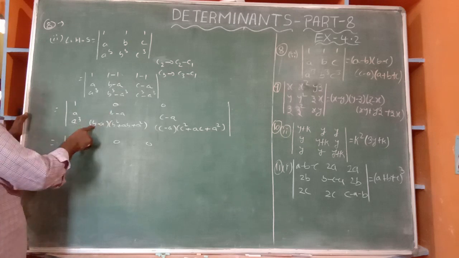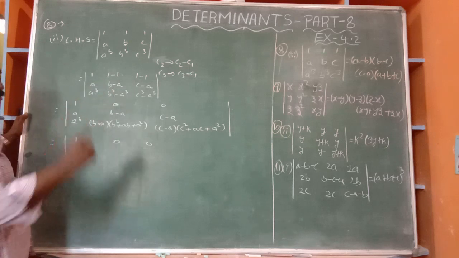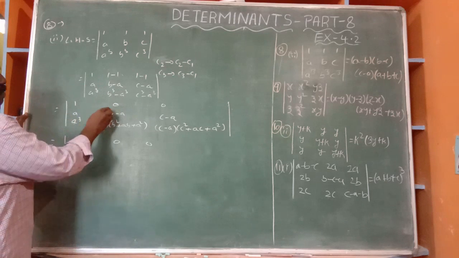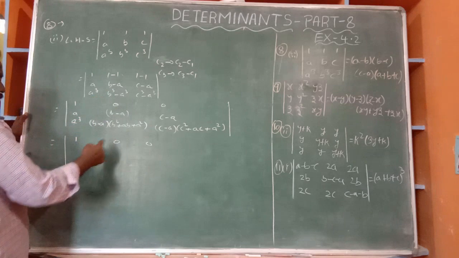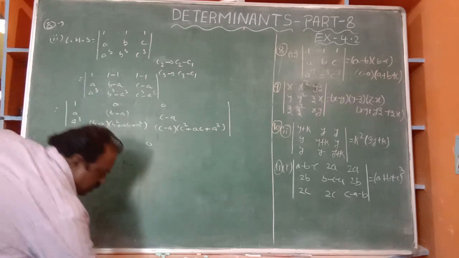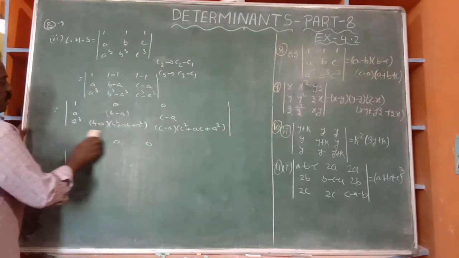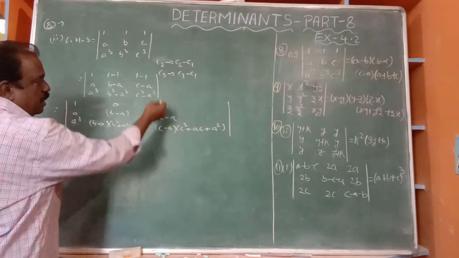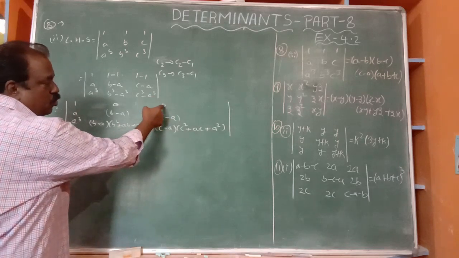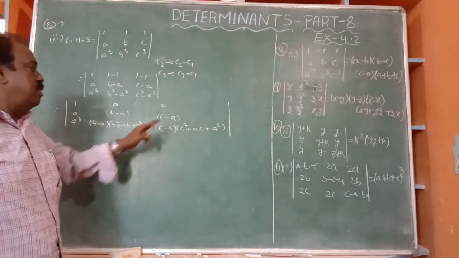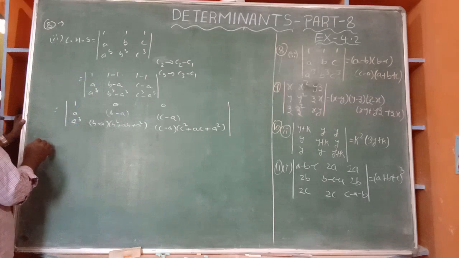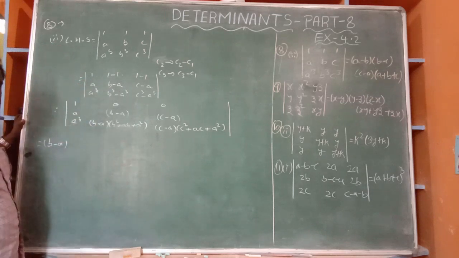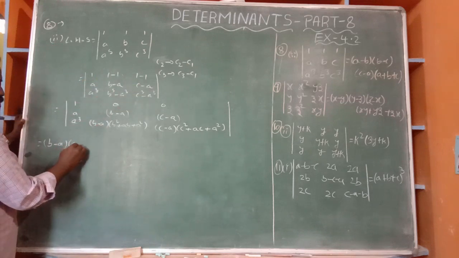Here B minus A is common in the second column, as both entries have B minus A. Similarly, in the third column, C minus A is common. So in the second column I am taking B minus A as common, and in the third column C minus A.